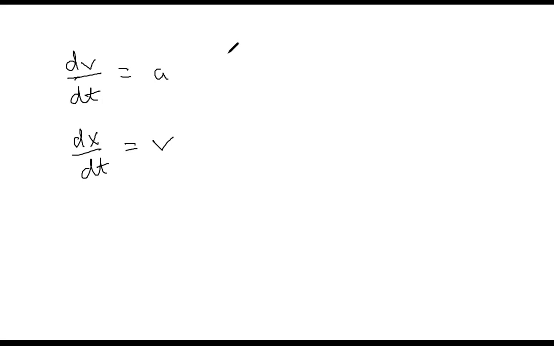So note, you could say that this is equivalent to saying that d2x dt squared is acceleration. Notice one second order differential equation is equal to two first order differential equations. That's one way to see that to solve a second order differential equation, you're going to have to specify two initial conditions.